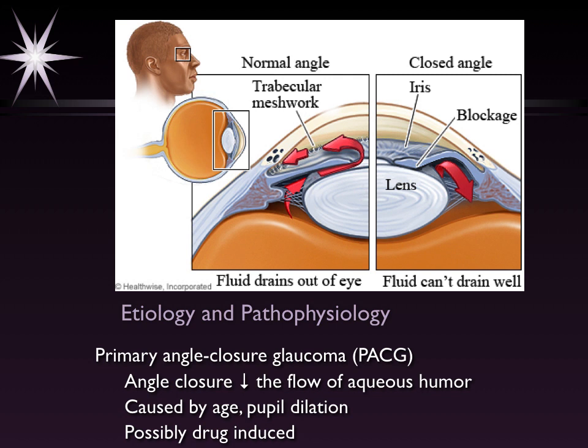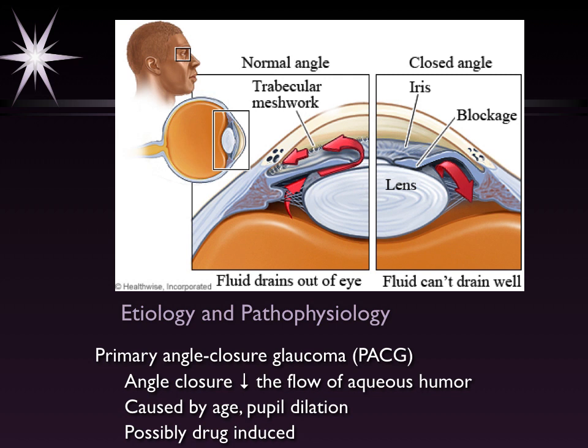So if you look at where the trabecular mesh is and how the fluid flows through it, in the angle closure glaucoma, you can see that this little angle where the fluid would flow through actually is closed, or at least mostly closed.